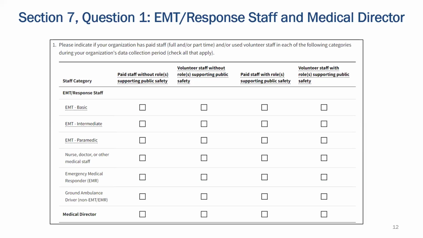So if you said no, we don't use volunteer labor, and no, we don't share costs with a fire, police, or other public safety department, you would only see this 1 column, the first one on the left that says paid staff. It's a great example of how the GADCS questions adapt to your earlier answers to show categories that are relevant to your ground ambulance organization.